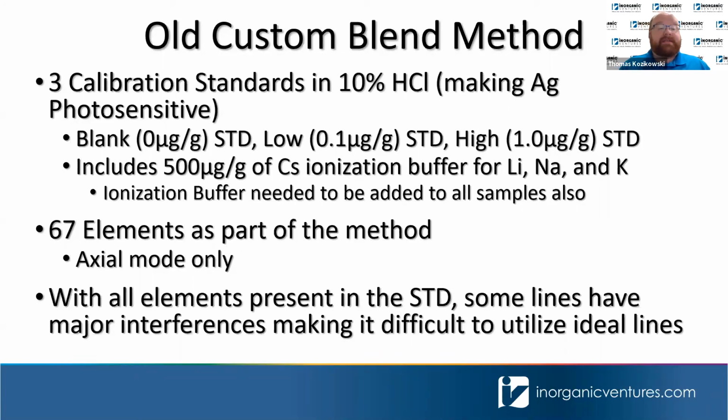Overall, this method tested 67 elements, and we only used axial mode for this method. That's why we used the ionization buffer. With all the elements present in the standard, some lines have major interferences, making it difficult to use those ideal lines that are out there.